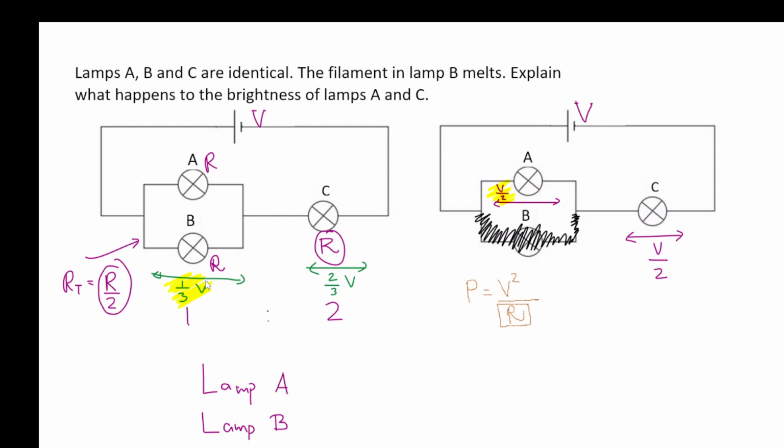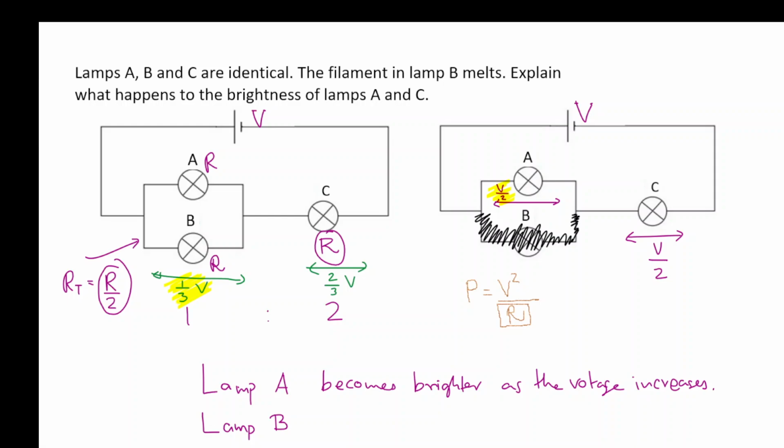Now, as you can see in the yellow highlighted region, earlier lamp A had a voltage of 1/3. Now it has increased to half. So definitely lamp A becomes brighter as the voltage increases.